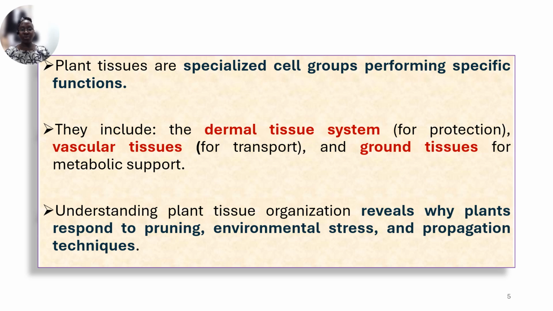There are ground tissues which are meant for metabolic support, and each of these will be discussed separately for us to follow and understand. So understanding plant tissue organization reveals why plants respond to pruning, to environmental stress and propagation techniques, and many other issues that the plants are likely to go through.